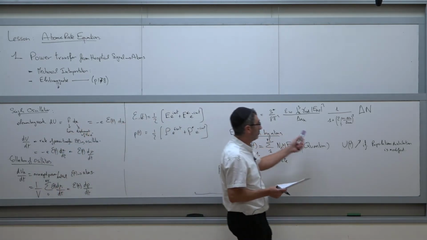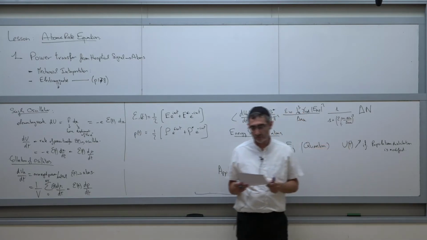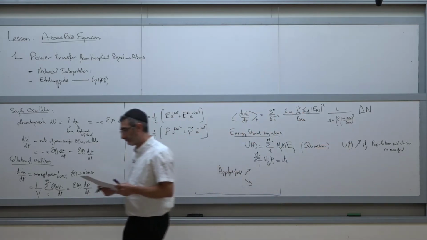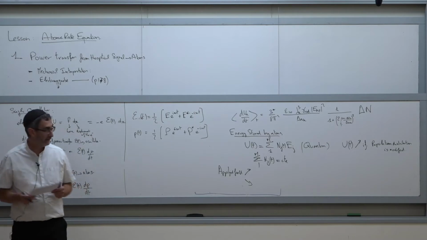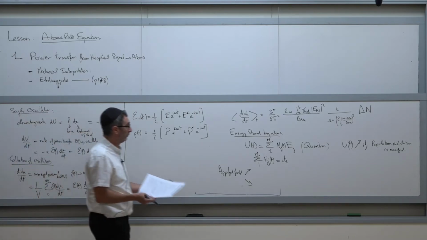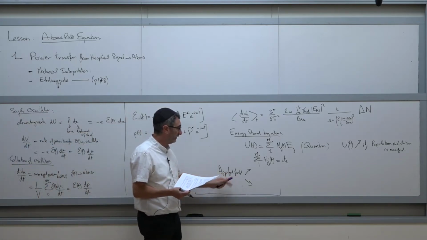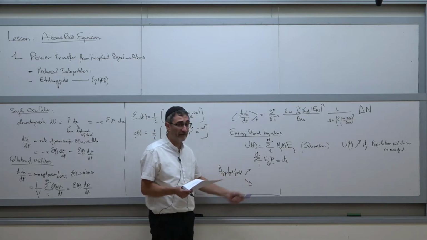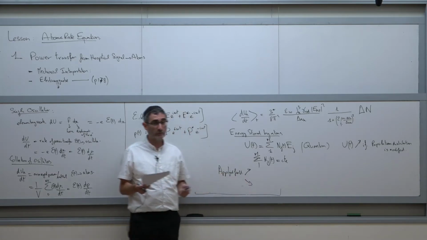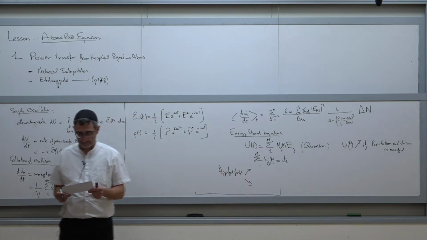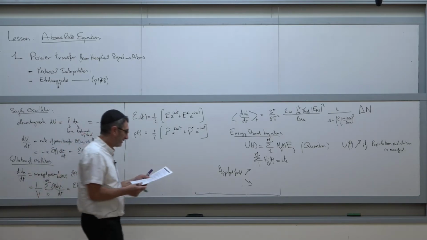And this polarization is proportional to delta n. And on the other hand, because you bring energy inside the system, you also modify the population distribution inside the system.